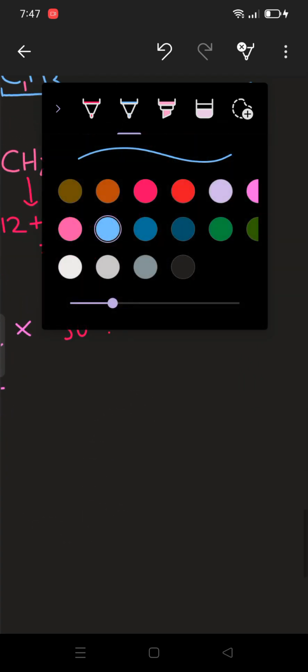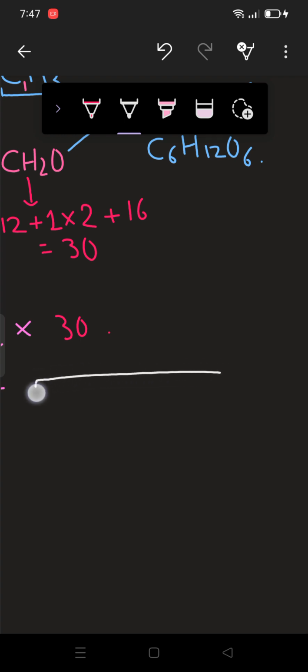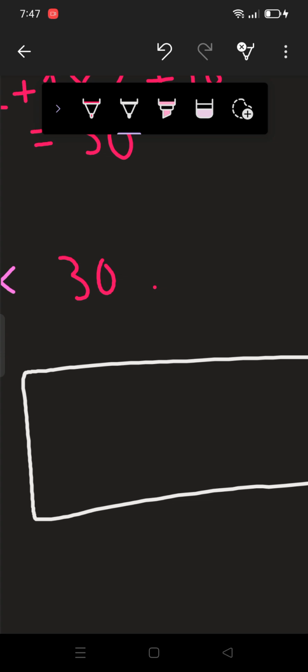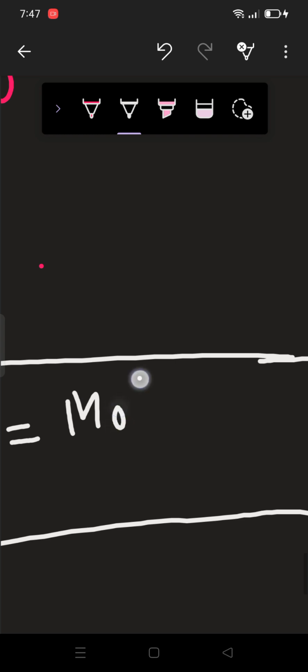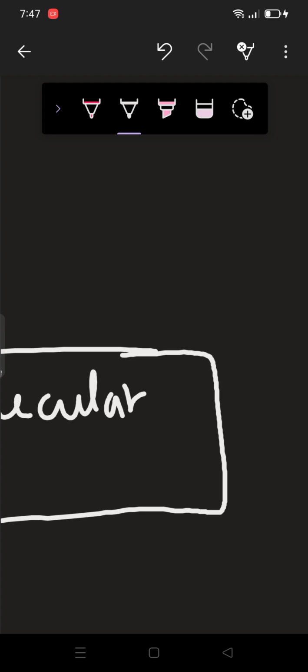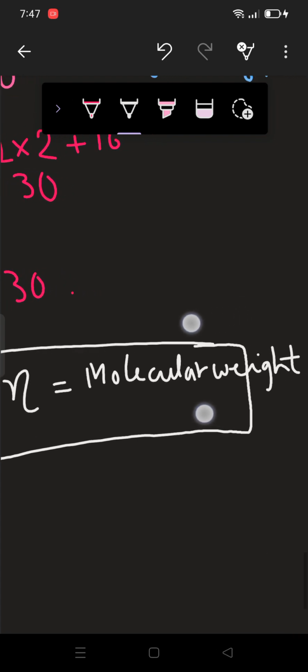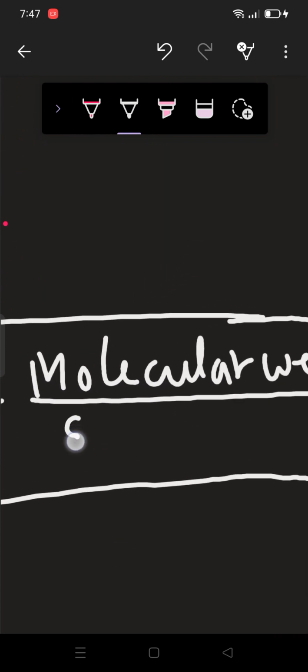Here we have got another formula as well which we are going to use for finding the n number, a particular number which we will multiply the empirical formula with to find the molecular formula, right? So n is equal to molecular weight upon empirical weight.